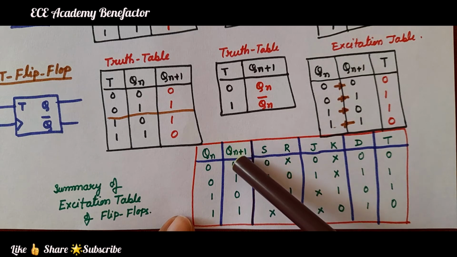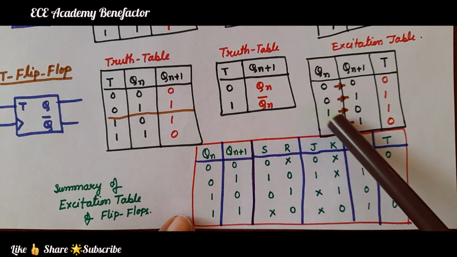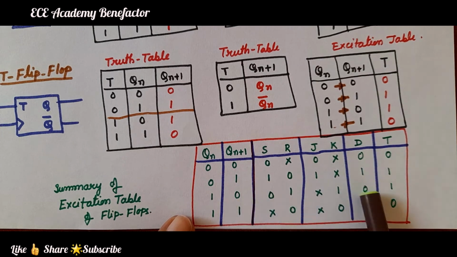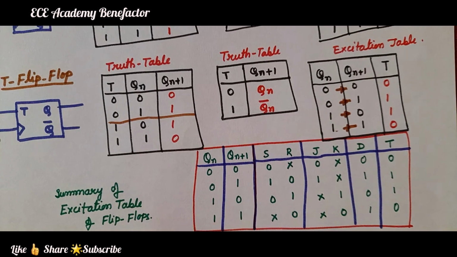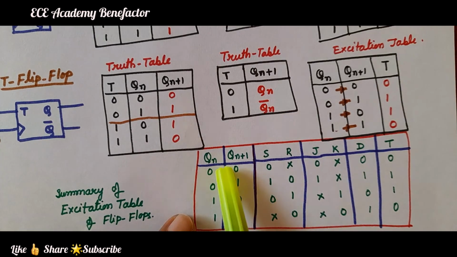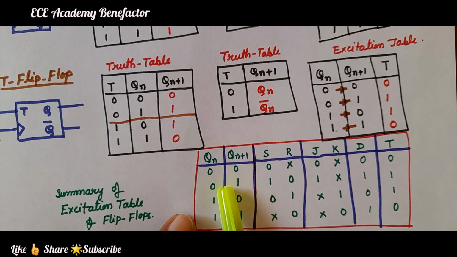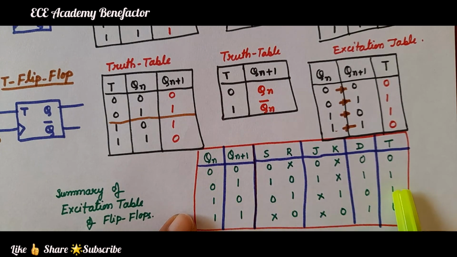Whatever is at Qn plus 1, the same thing is coming at D, that is 0, 1, 0, 1. Coming to the T flip-flop, here you have to see the transition. 0 to 0, no change, no change means 0. 0 to 1, there is a change, so T value is 1. 1 to 0, change, so T value is 1. 1 to 1, no change, no change means T value is 0.